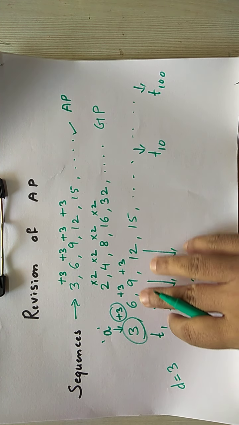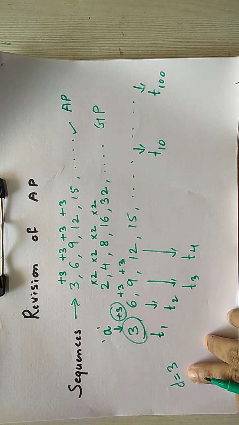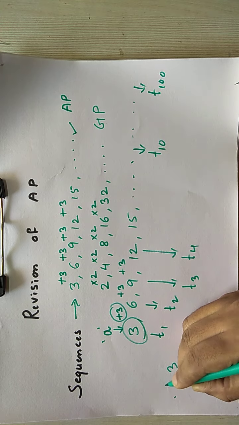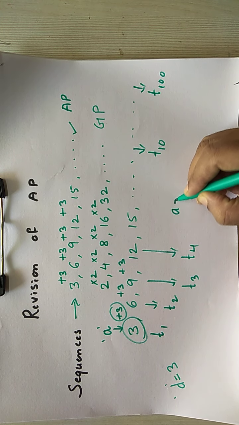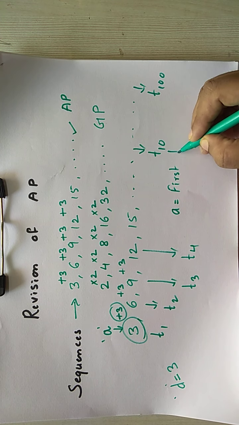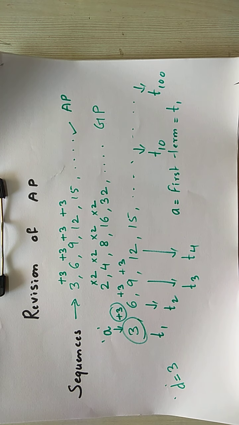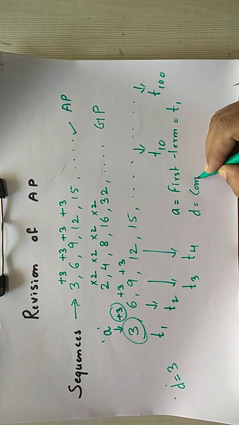So the difference between any two consecutive numbers is the same, common, and that is called the common difference. The symbol is D. D is equal to 3. So we have A, the first term, also called T1, and D as the common difference.